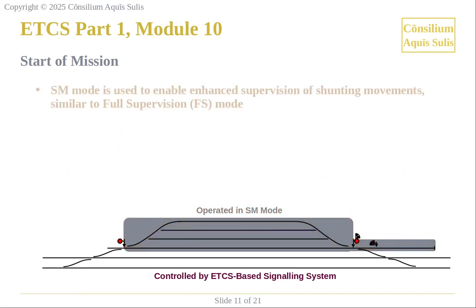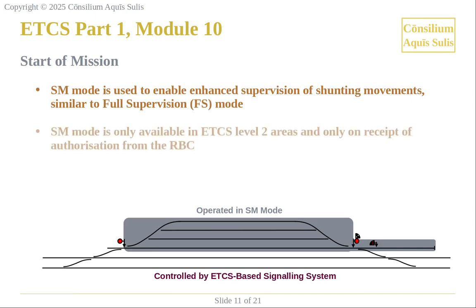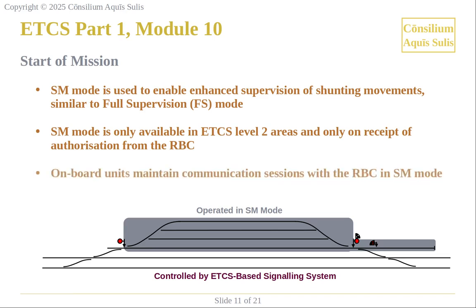Supervised manoeuvre mode is used to enable enhanced supervision of shunting movements, similar to full supervision mode. Supervised manoeuvre mode is only available in ETCS Level 2 areas and only on receipt of authorization from the RBC. Onboard units maintain communication sessions with the RBC in supervised manoeuvre mode.